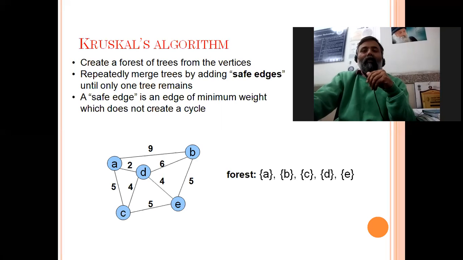Then suppose in the last example, we computed the minimum spanning tree by using Prim's algorithm. So I am taking the same example to compute the minimum spanning tree by Kruskal's algorithm, and we will see that we will find a minimum spanning tree of the same cost.